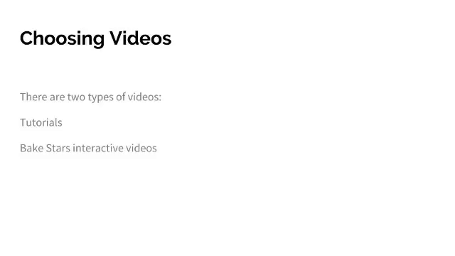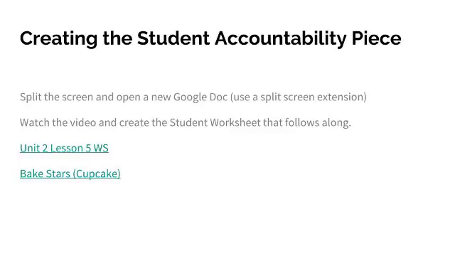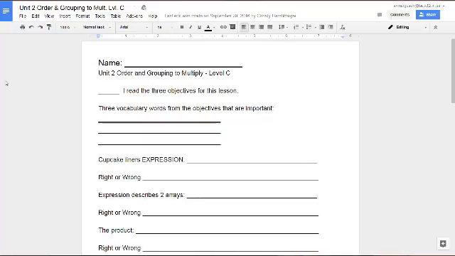But basically, one that I have an example for is these are the bake stars, and I chose and watched the video. And then I did a split screen. So I will watch the video, and then I have created a student accountability piece that they follow along in, the things that they're typing in.